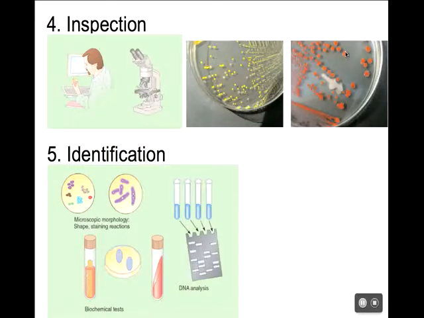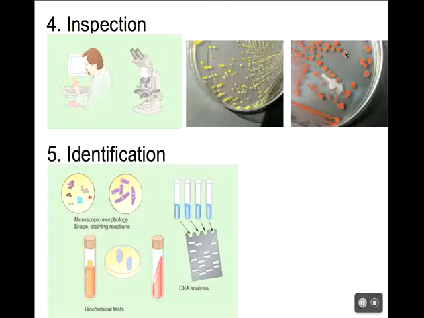And absolutely that's right. You would go back through the steps of isolation. That would be called subculturing. Subculturing is taking a single colony and putting it onto new media. Take a single colony and put it onto new media.